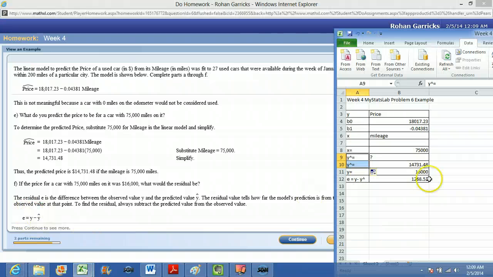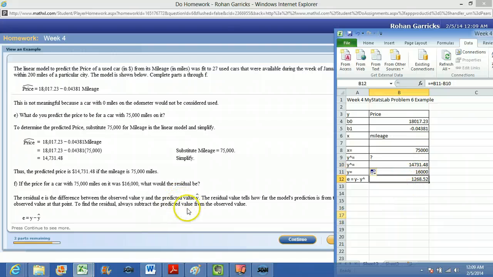And if we look at the Excel sheet, this cell here calculates the difference between the actual value, which is in B11, which is what we found here. The actual value, which is what was given, minus the forecasted value, which is y hat, and the difference here is B11 minus B10.